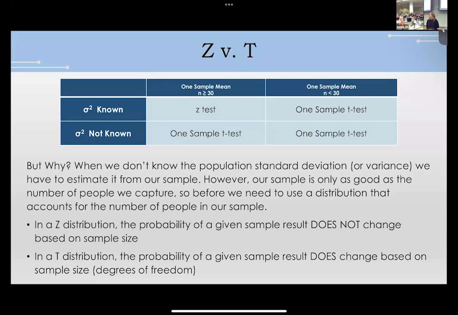Sure, it goes into your standard error, but in terms of where the cutoff value is, that 1.96, that doesn't change. In a T distribution, the probability of a given sample result does change based on sample size, i.e. degrees of freedom. More specifically, the critical value where your cutoff is going to be to achieve statistical significance will change based on degrees of freedom.